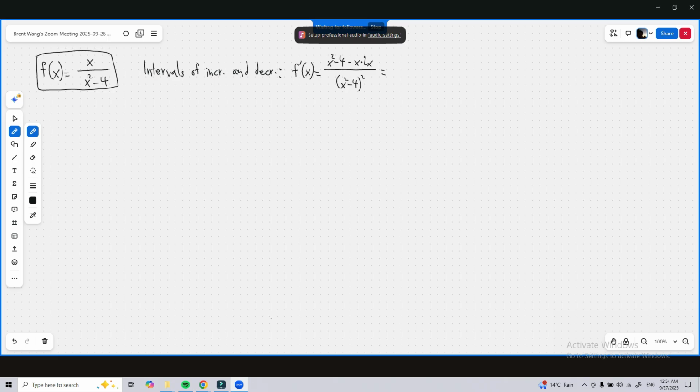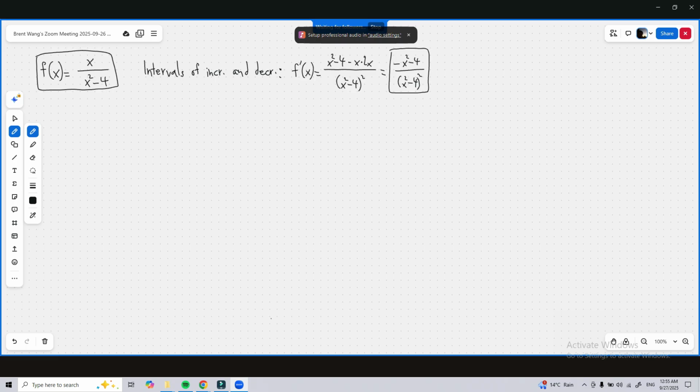This is equal to negative x squared plus 4 over x squared minus 4 squared. Okay, so just by looking at this, the denominator is never going to be negative. It's always non-negative. The numerator will always be negative throughout the entire domain.